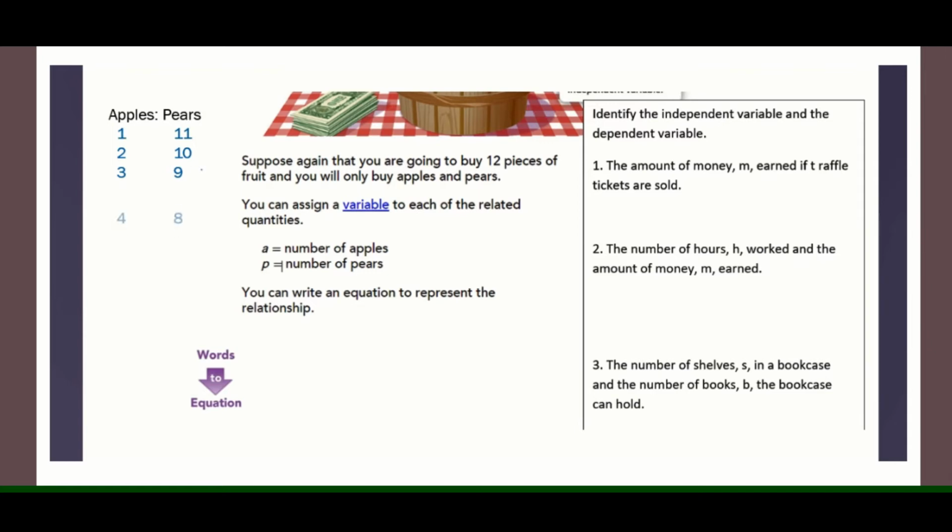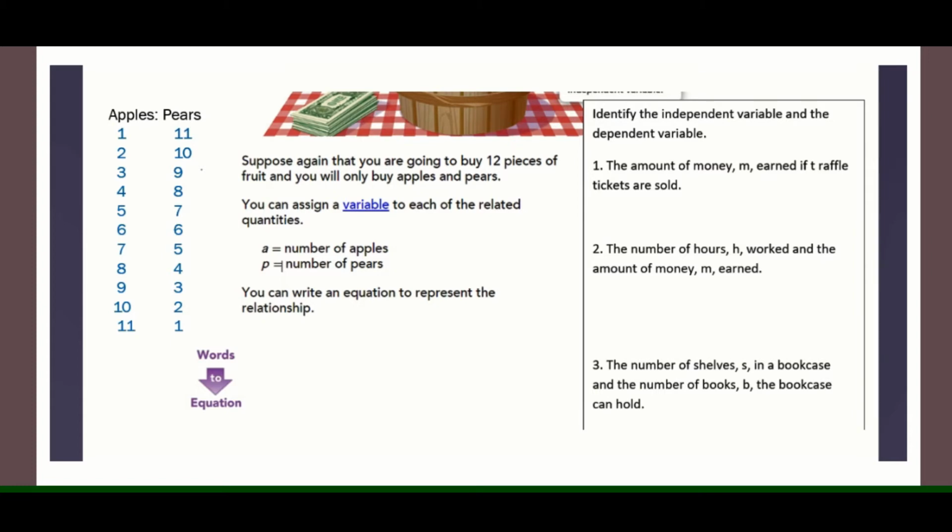If we change the apples to 4, we can buy 8 pears. 5 apples, 7 pears. 6 apples, 6 pears. 7 apples, 5 pears. All of these combinations add up to 12. These are the different combinations we can have for this relationship.